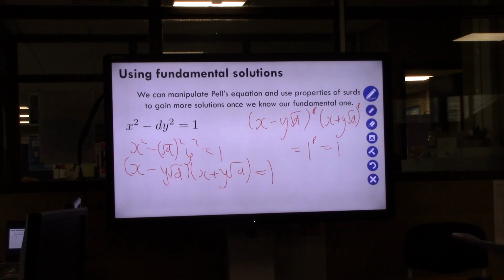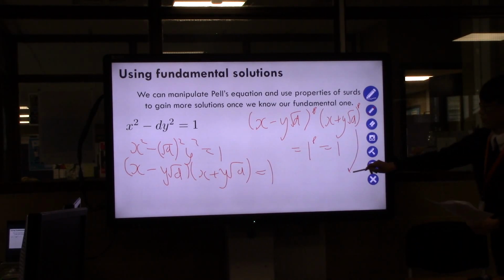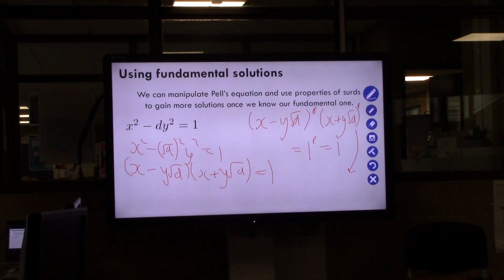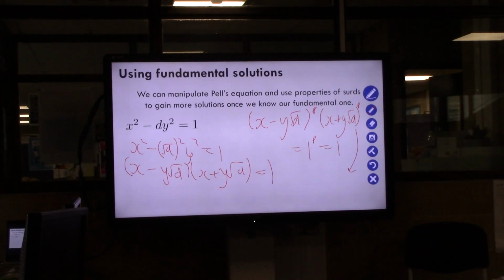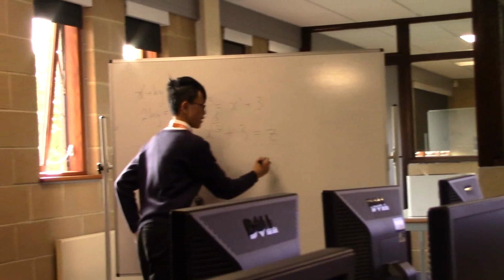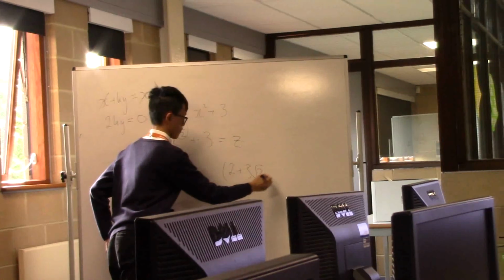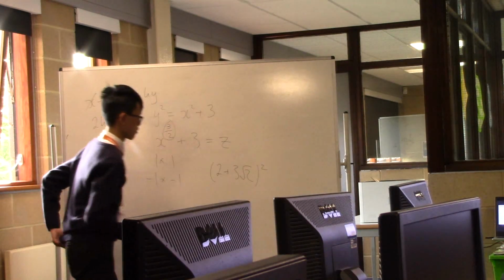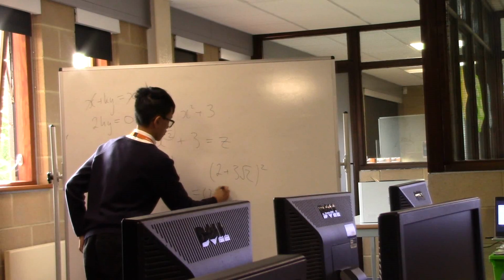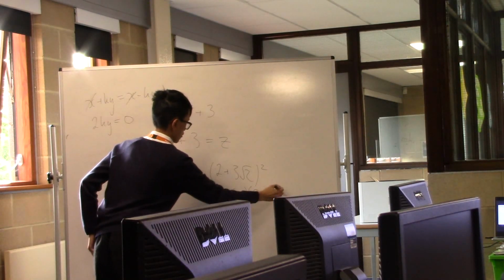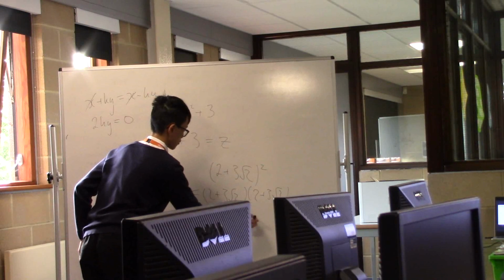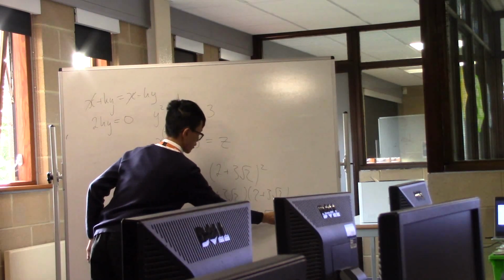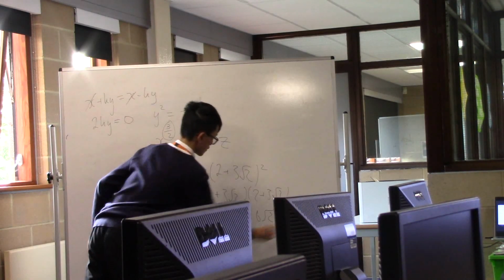So we can see that this will give us another solution to Pell's equation, because if we expand out the brackets for something like 2 plus 3 root 2, if we say that's squared, when we expand out these brackets, we will get 4 plus 6 root 2 plus 6 root 2 again, and then plus 9 root 2 squared.